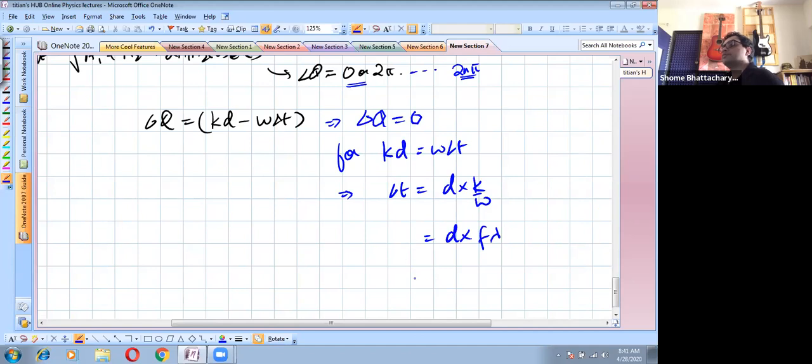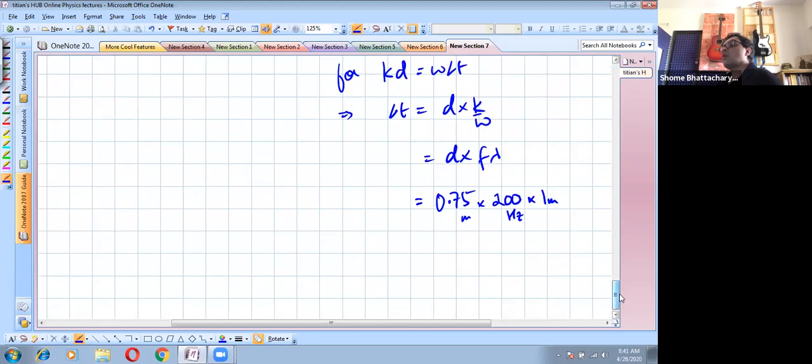So that distance was 75 centimeters, so 0.75 meters, multiplied by the frequency, which was 200 hertz, multiplied by the wavelength, which was 1 meter. So this should be pi.